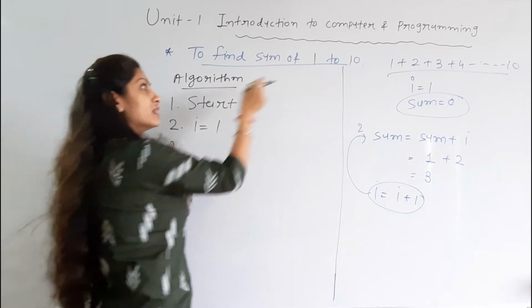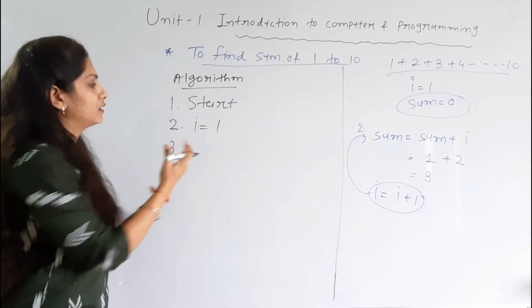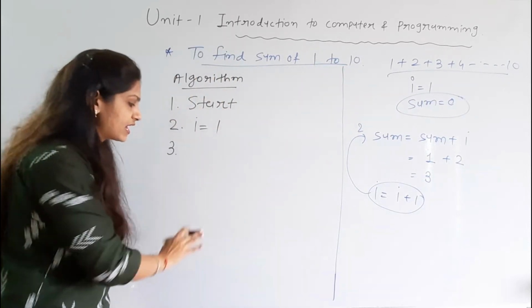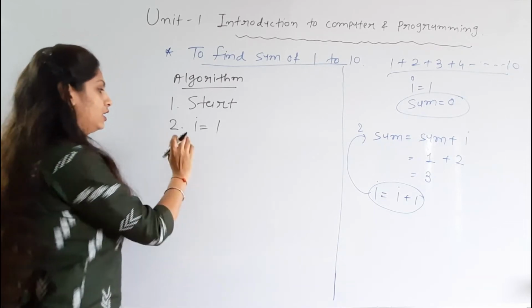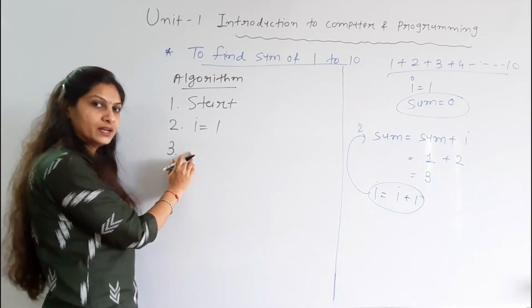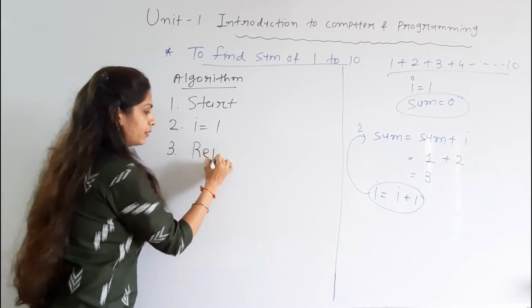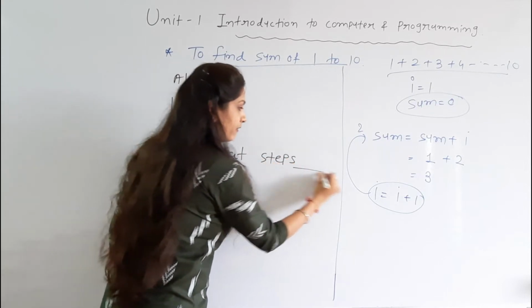Now third. Before writing the logic for the sum, we use the method of displaying 1 to 10 that we wrote earlier, and then we jump onto the sum formula. So what do we write here to display 1 to 10? The word repeat steps. Which steps?